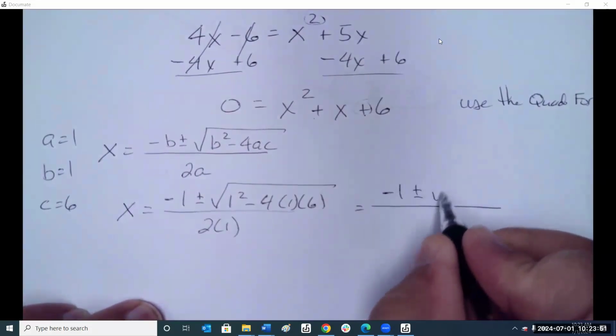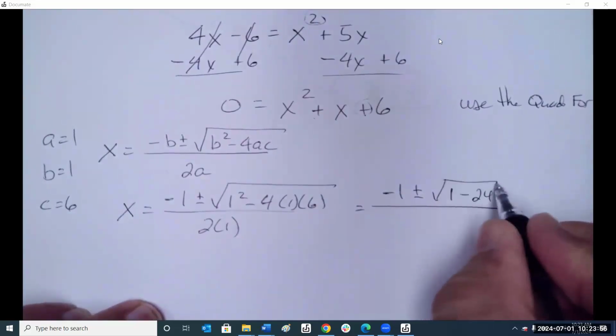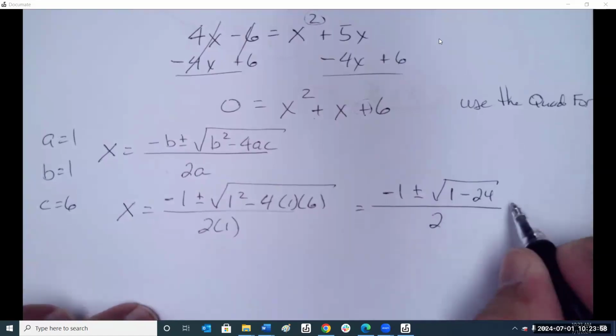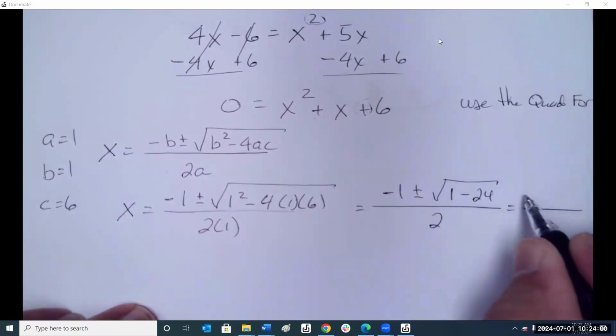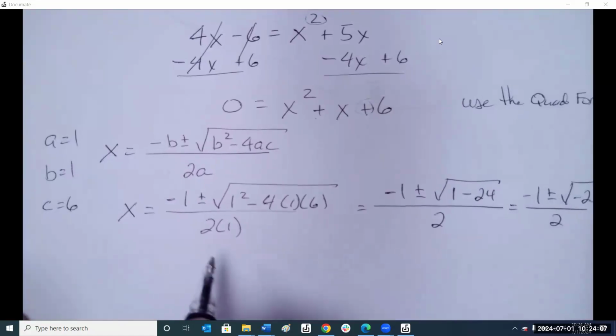Negative 1 plus or minus the square root of 1 minus 24, over 2. Negative 1 plus or minus the square root of negative 23, over 2.